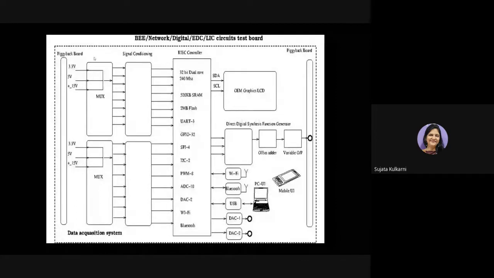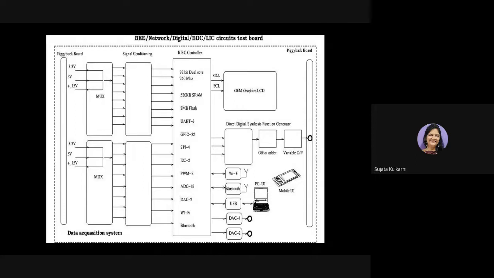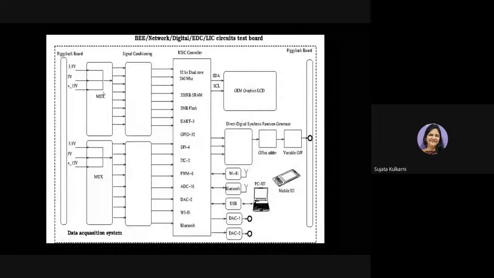So this is the most crucial part of your design: whichever experiment you are doing, the signal should be brought to the acceptable voltage level, that is 0 to 3.3 volts. However, while performing the practical, you may be working on plus 15, minus 15, plus 5 volts, whatever. But while converting analog to digital form, it should be 0 to 3.3 volts.